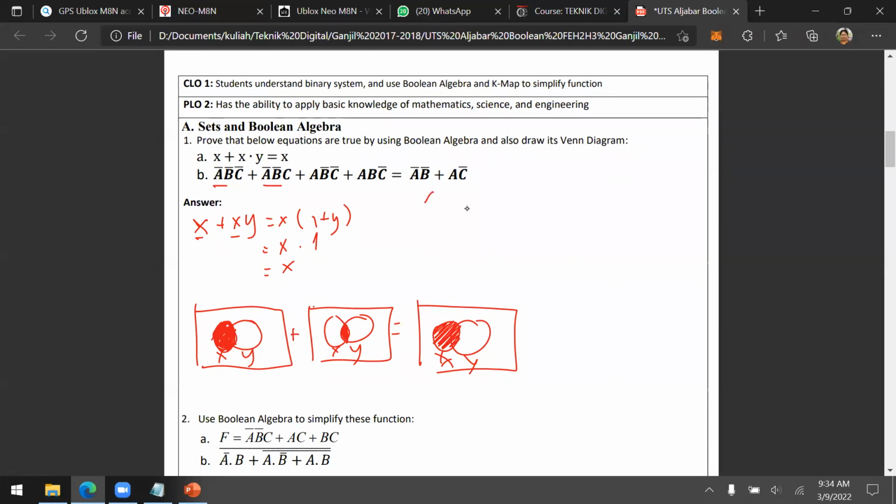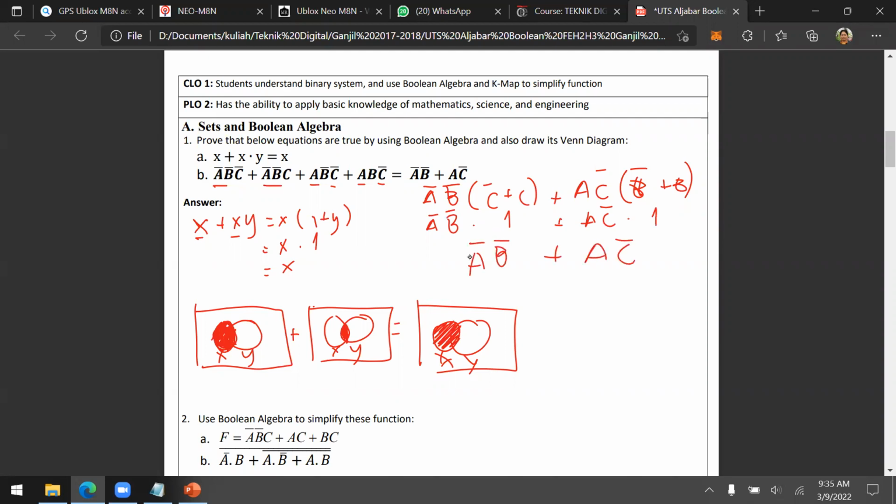So we're going to have A naught B naught and then (C naught plus C), plus, and then in here we have A C naught, then we can have A C naught (B naught plus B). This is one, plus A C naught, this is also one. So it's actually A naught B naught plus A C naught.